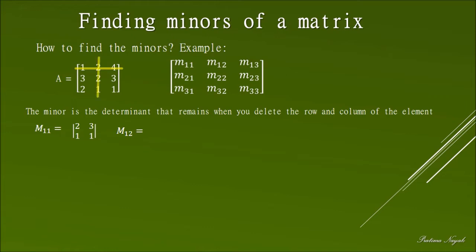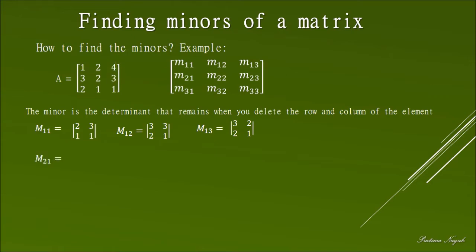Hide column 2. After hiding, you are getting 3 3 2 1. Next is minor 1 3. Row 1, hide column 3. So which determinant is left? 3 2 2 1.